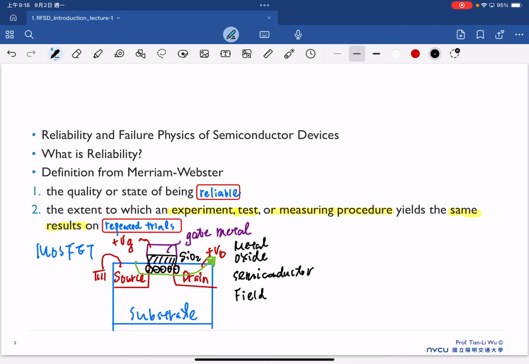Because we apply voltage, and voltage has a certain correlation with the electric field. This considers how much effective field we can apply inside the transistor, so that's why we also call it field effect. And in the end, this is a transistor.